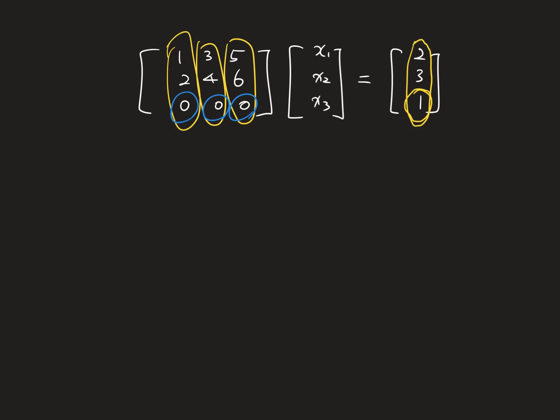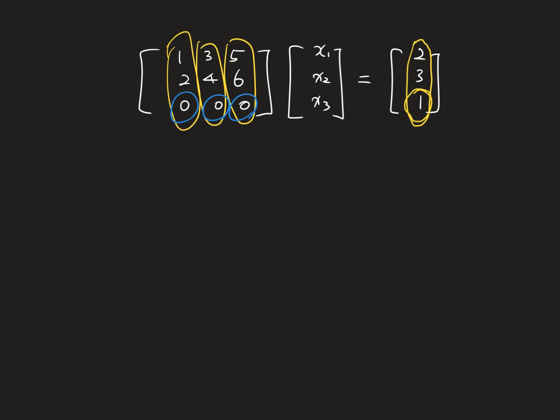But what we can generate by linear combination is only a vector that has 0 as the third component, because our raw material is just 0 on the third component.